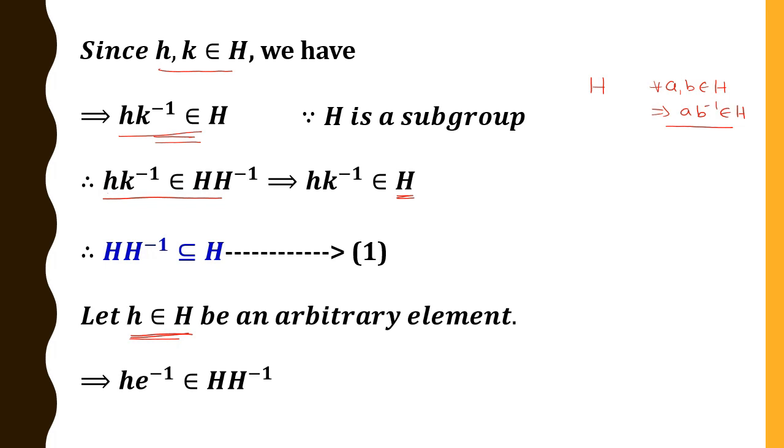Since the inverse of identity is identity itself, e inverse is nothing but e, therefore h into e belongs to HH inverse. Again, what is h into e? We get h. Therefore h belongs to HH inverse.